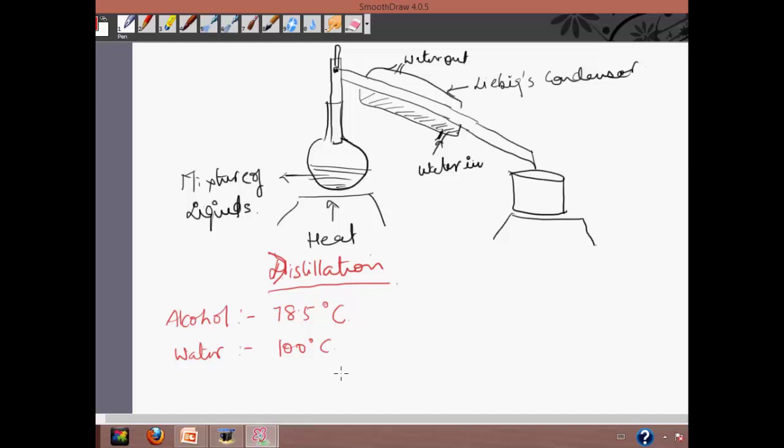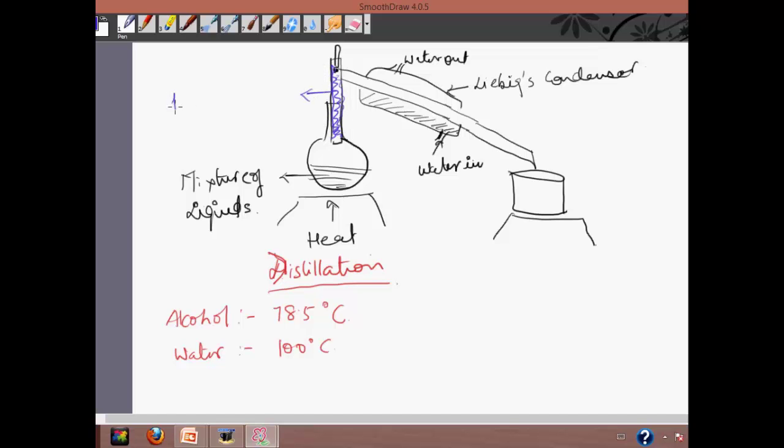But collecting the distillate and redistilling it several times will take a long time. So to avoid this, we have a fractionating column, and the process is called fractional distillation. That is, what we have done here is we keep a fractional column.